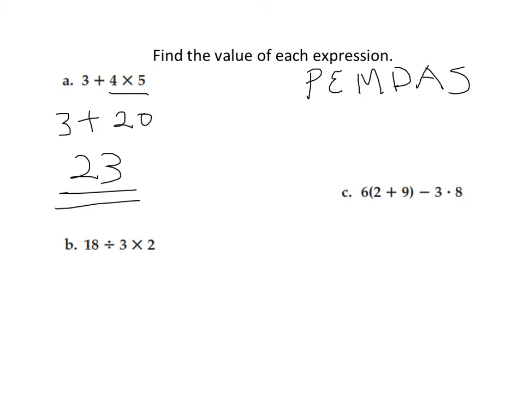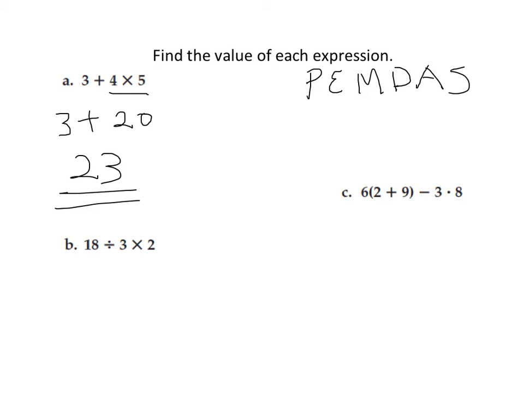Problem B states 18 divided by 3 multiplied by 2. Once again, we're going to use PEMDAS, or order of operations. Division and multiplication require that we use the step from left to right. Noticing that division is first, going from left to right, I'm going to do division first, then multiplication.